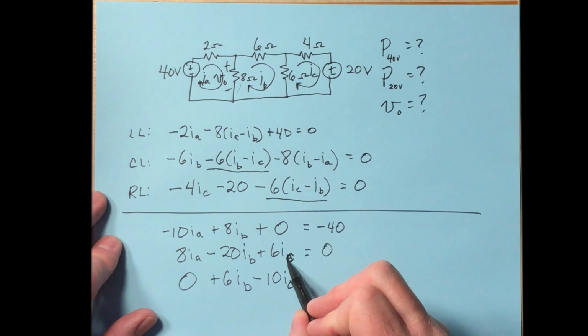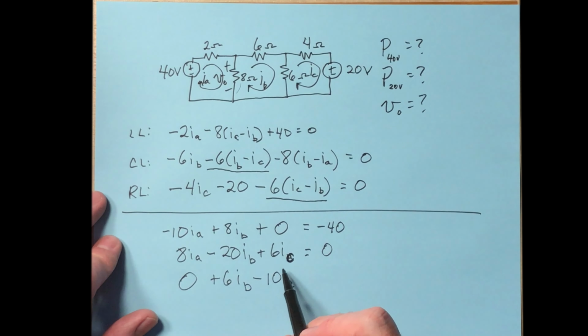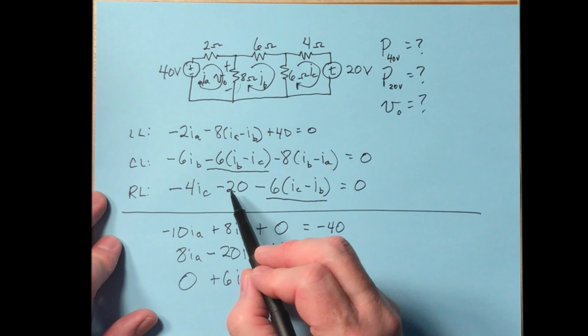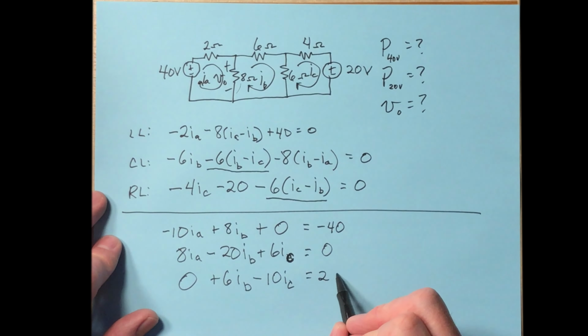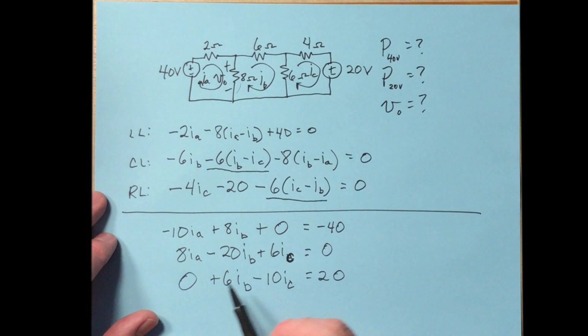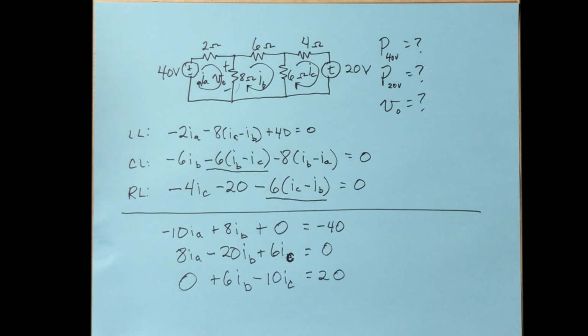That should be I sub C there. I caught that. And then we've got this negative 20 over here. When we put it on the other side, it becomes positive 20. All right, there we have our 3 equations with our 3 unknowns, I sub A, I sub B, and I sub C. You need to solve those. And whenever you solve those, here's the answer that you get.